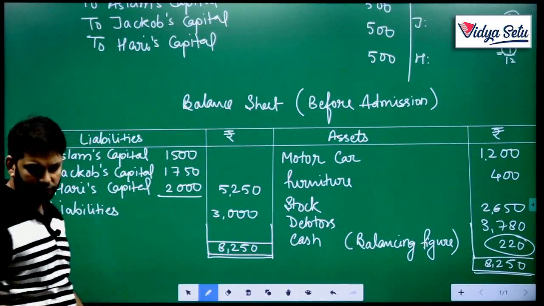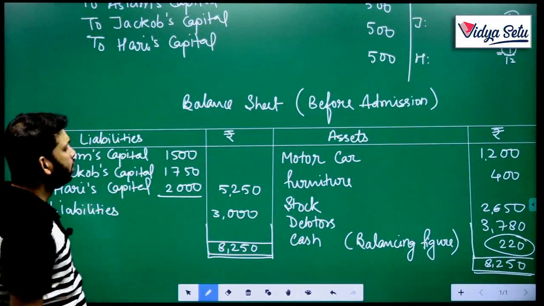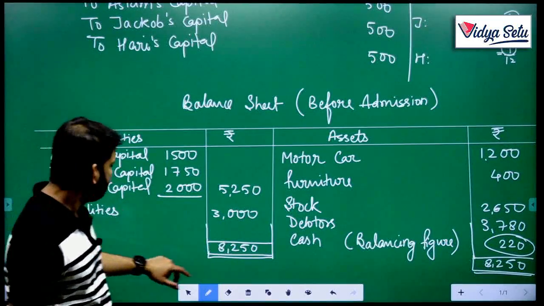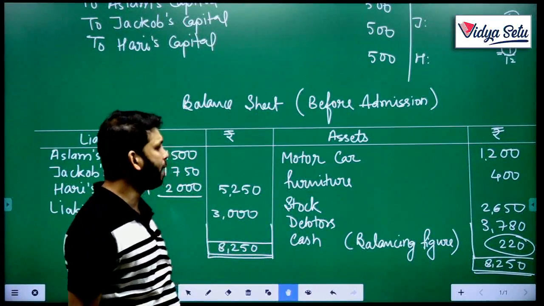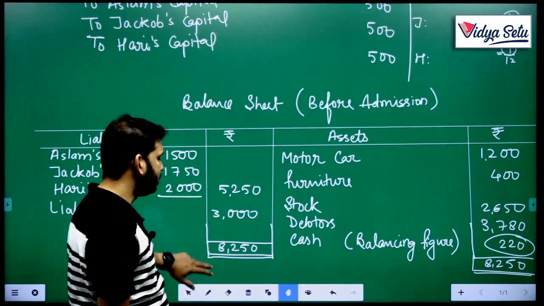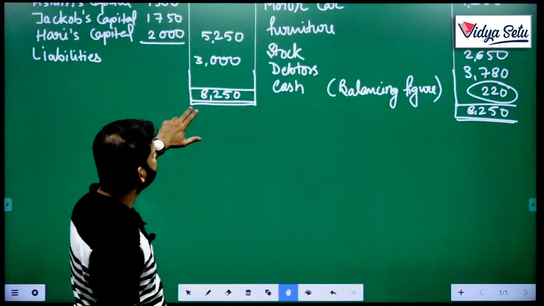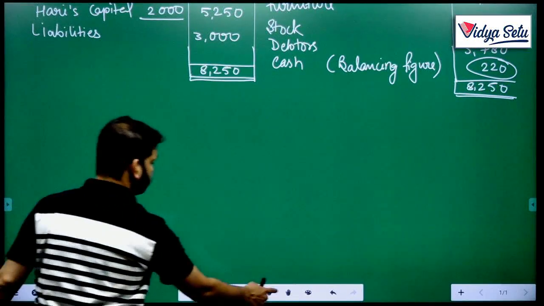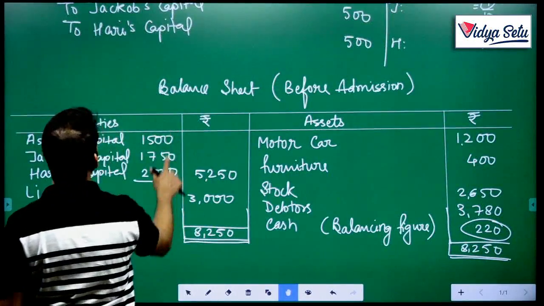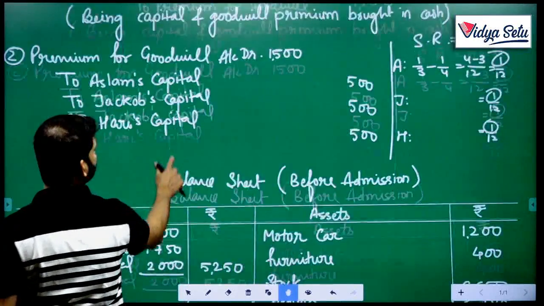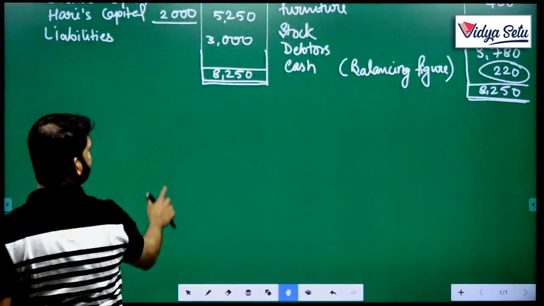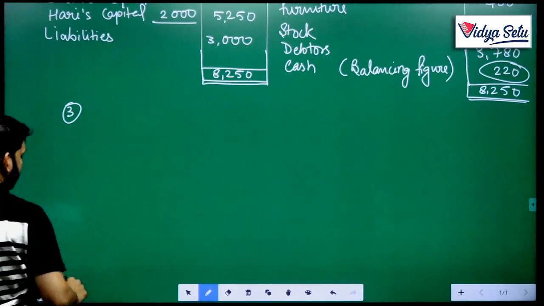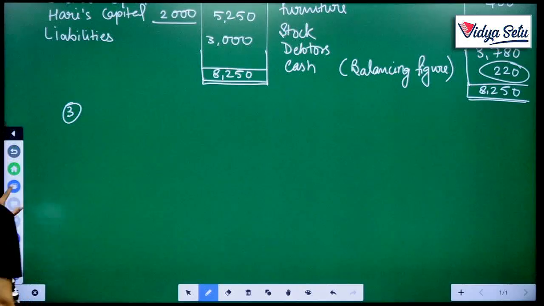Now we have understood the opening cash. Still, some revaluation had happened in our assets and liabilities. Let's do the revaluation. We had journal entry number 2, now we are going to make journal entry number 3. Let's look at the revaluations.